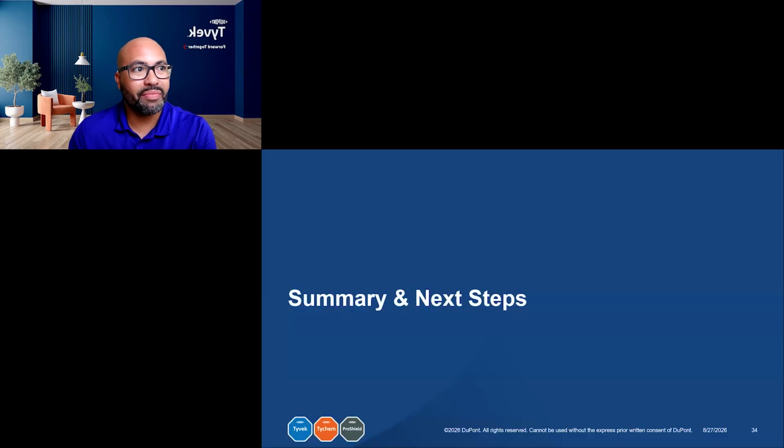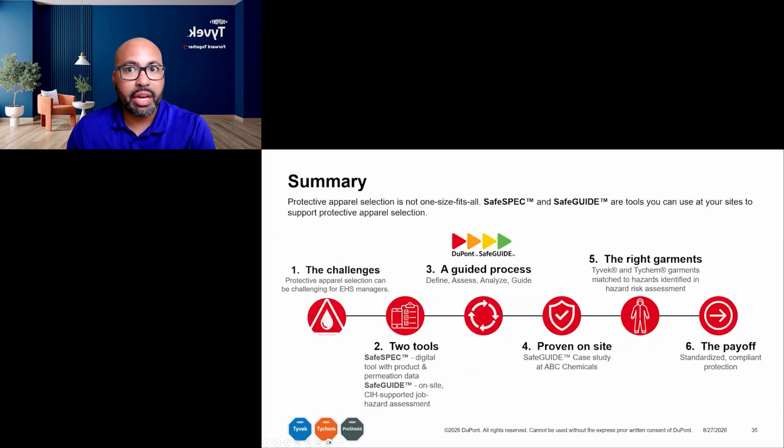Next slide, please. Now, Mark and I have taken a deep dive into how SafeSPEC and SafeGUIDE are to be used to solve problems in the chemical manufacturing industry. Next slide. Now, here are the key takeaways. EH&S managers and safety managers, just like you, need help navigating challenging protective clothing decisions. SafeSPEC and SafeGUIDE give you credible tools so that you can make informed decisions.